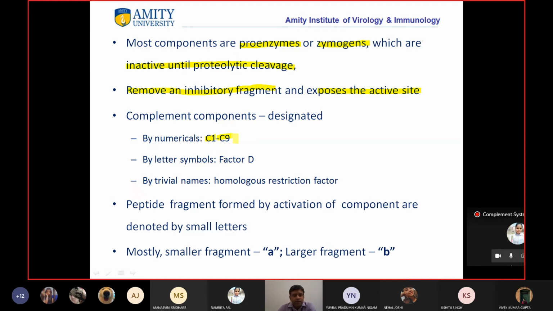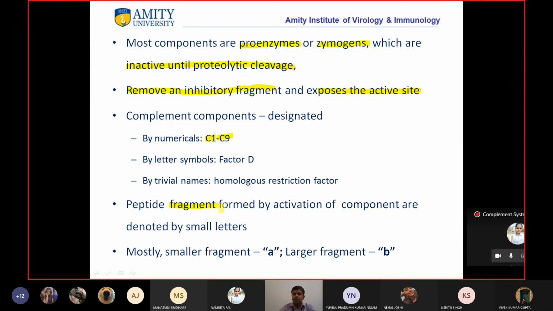And sometimes by trivial names like HRF, the homologous restriction factor. So you will see that there are different ways the complement proteins are named. Peptide fragments formed by activation of a component are denoted by smaller letters. So in this case, two fragments are formed, one of them is the smaller fragment, which is A, and the bigger one is your B.